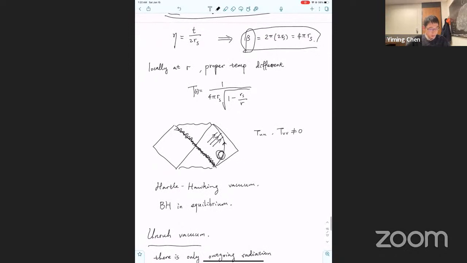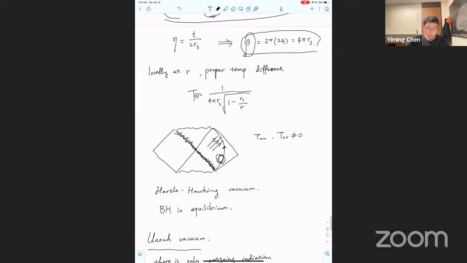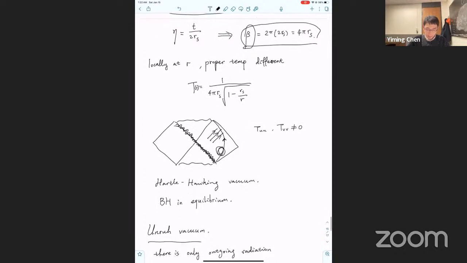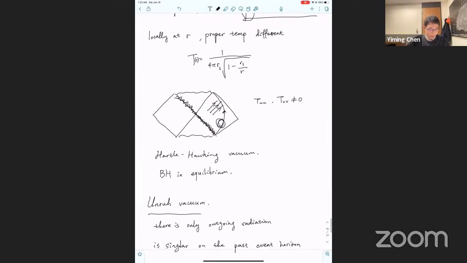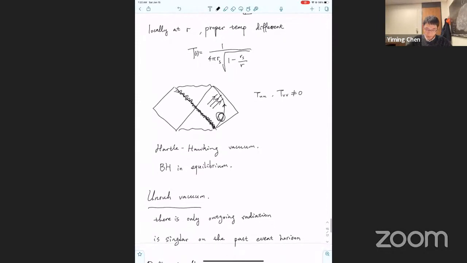And this has been done by some people very carefully for the real black hole geometry. And the final conclusion remains the same. So the qualitative lesson that we learned from Minkowski space still holds: if we have an in-vacuum, the stress tensor diverges on the past horizon. In a note that I will upload later, I have a reference for a paper that did this careful calculation. If you are interested, you can check that out.